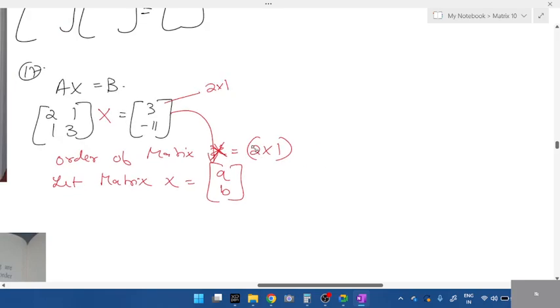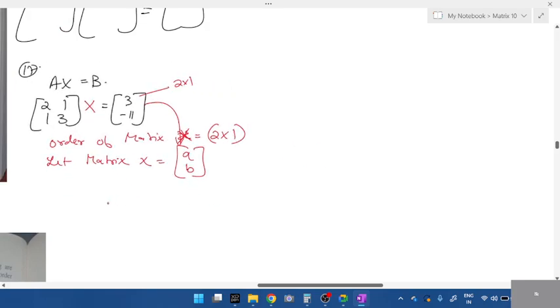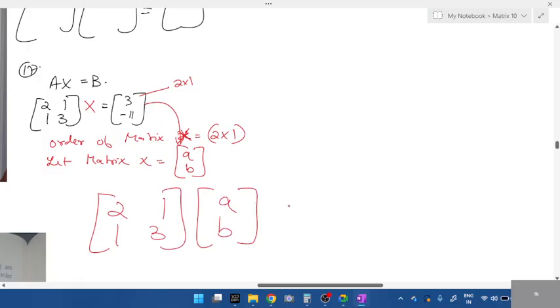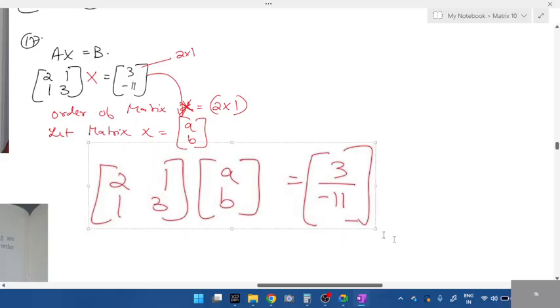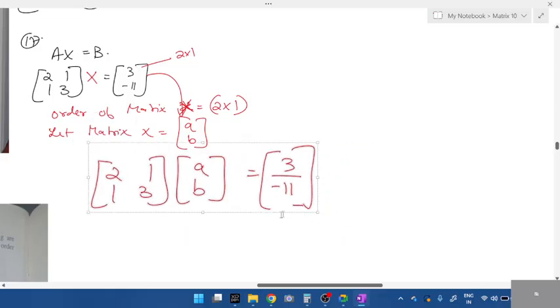Tell me the value of matrix X. First multiply the left hand side, compare it with the right hand side, you'll get the answer. So that's it, students. Almost all the concepts are clear. Matrix is done.